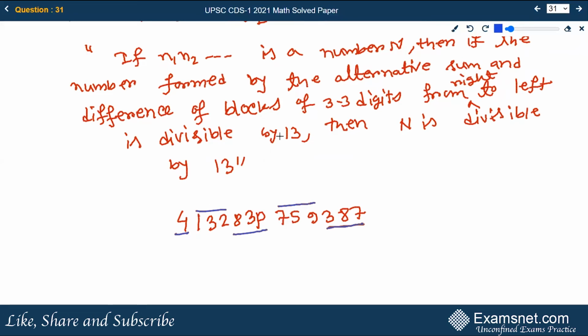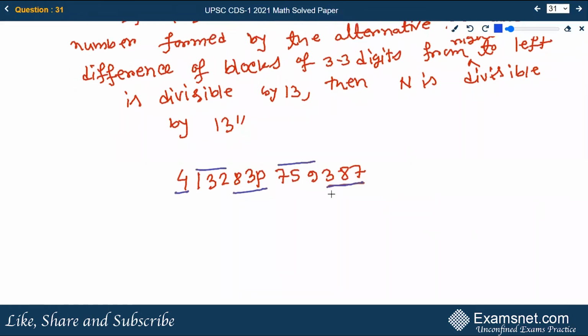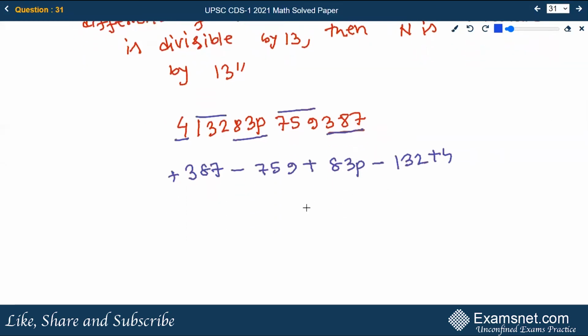Now we will put alternating signs, the alternating sum and difference of blocks. So first I will take 387, there is plus, next it will be minus 759, again plus 83P, next minus 132, and again plus. Now we will solve according to the signs.